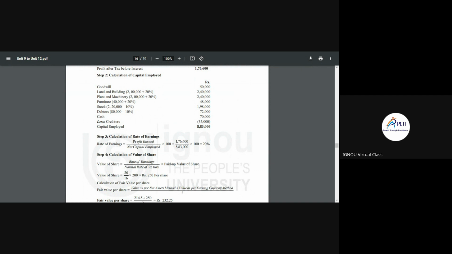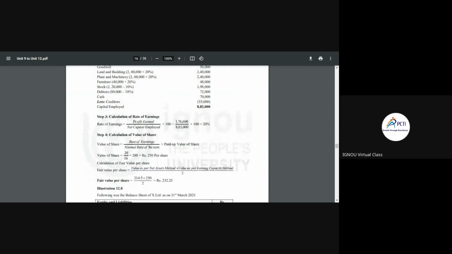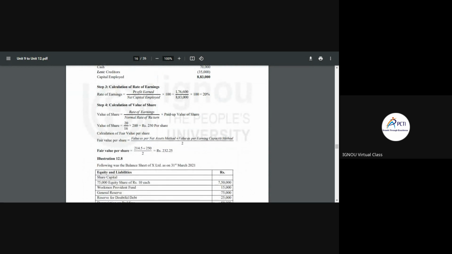In step 3 we need to calculate the rate of earning. Rate of earning is equal to profit earned divided by net capital employed multiplied by 100. So profit earned will be 1,76,600, and then we divide by 8 lakh 83,000 and multiply by 100, which is equal to 20%.